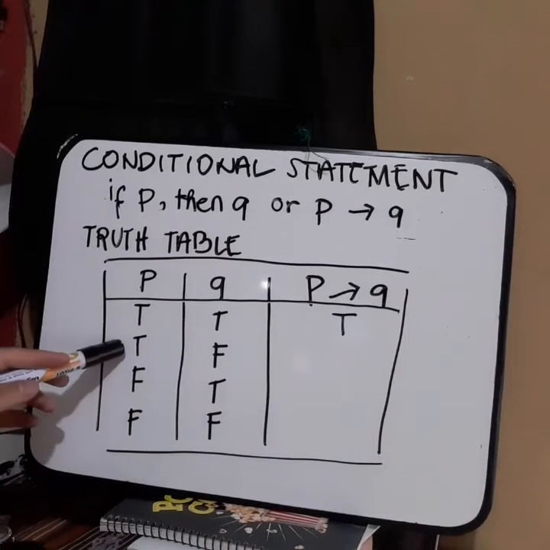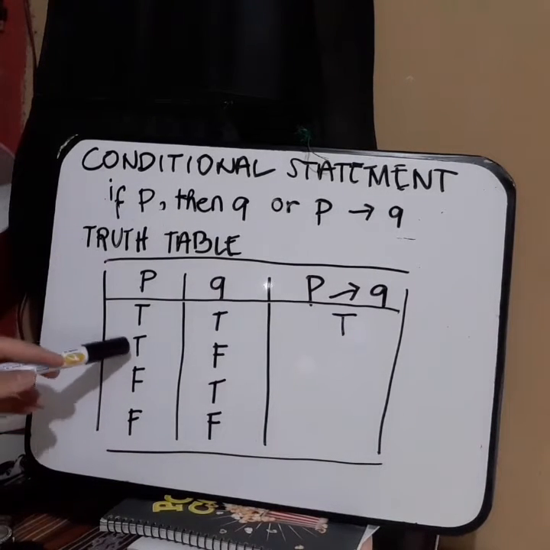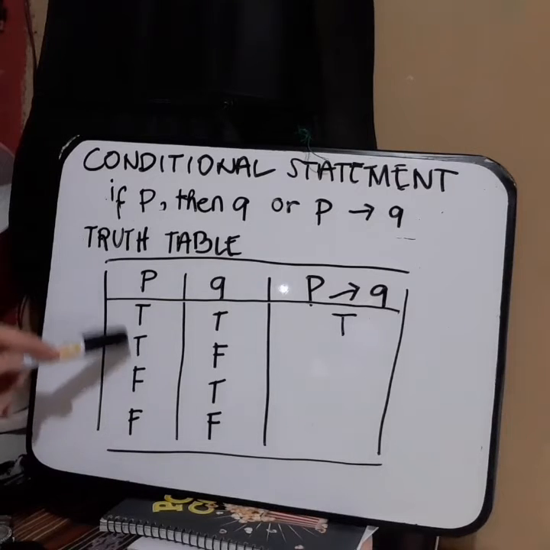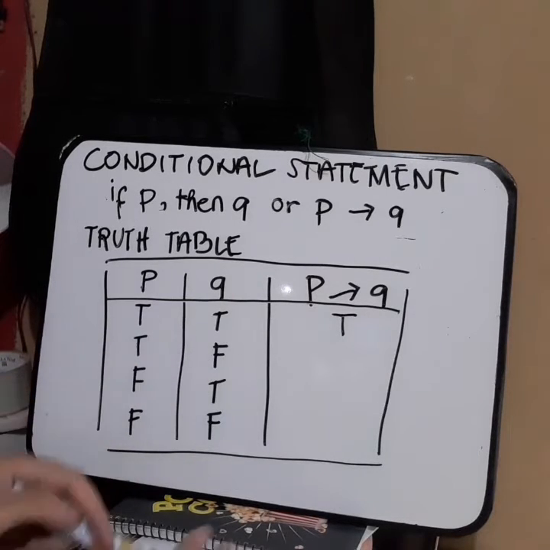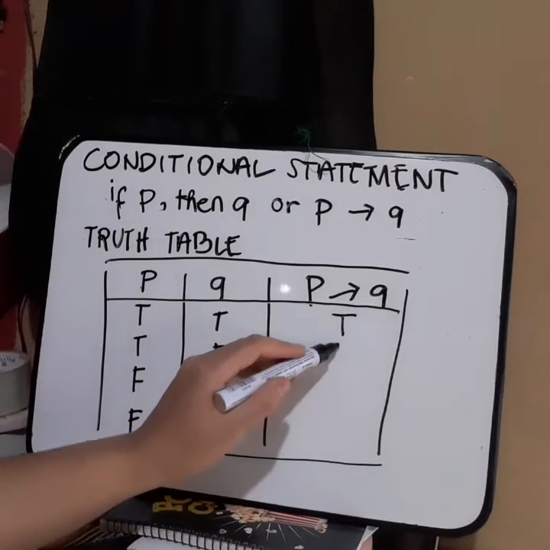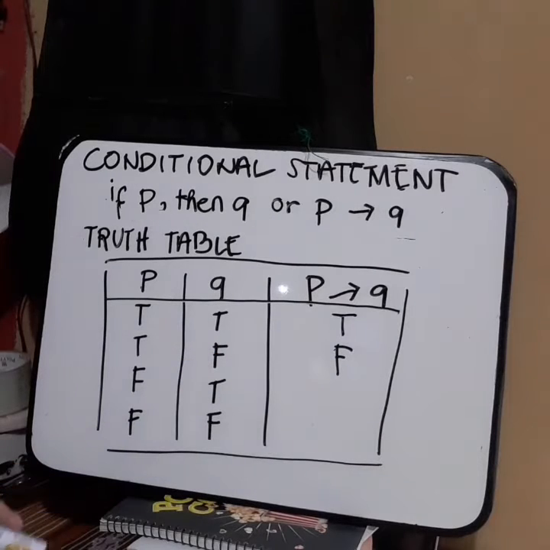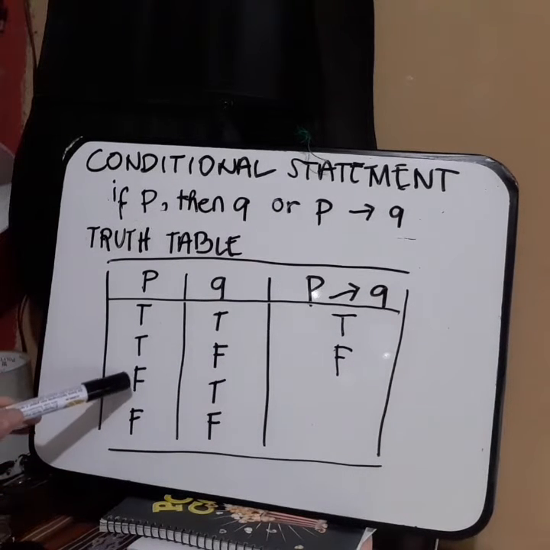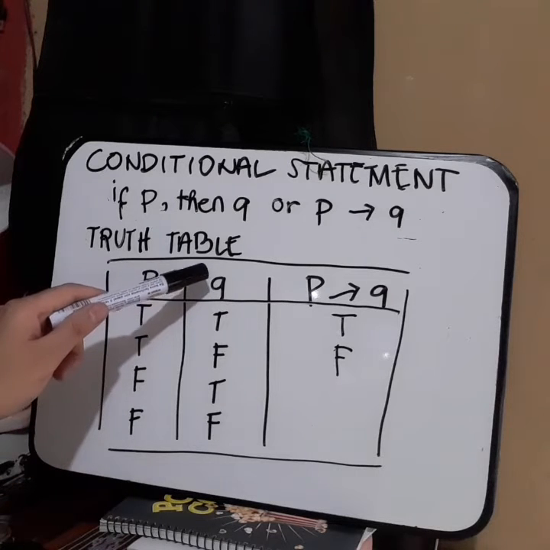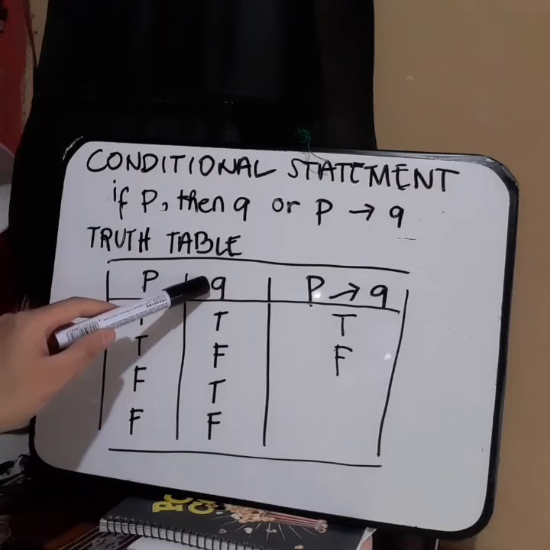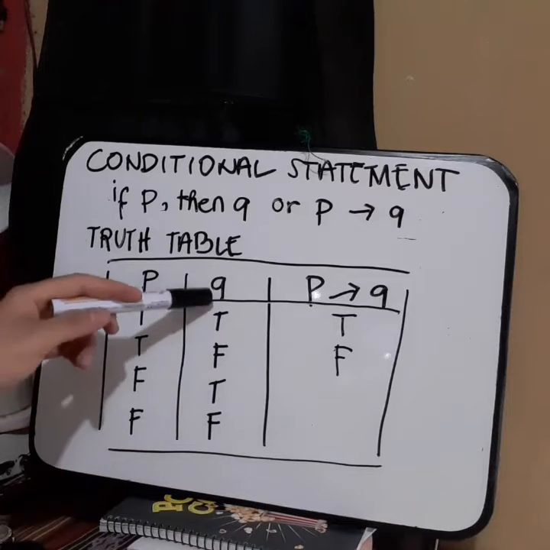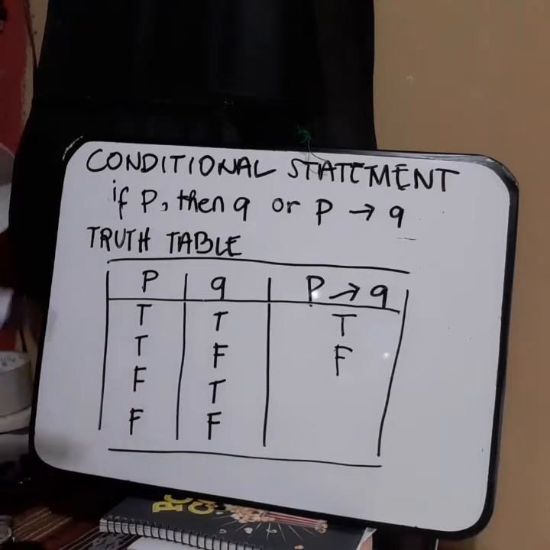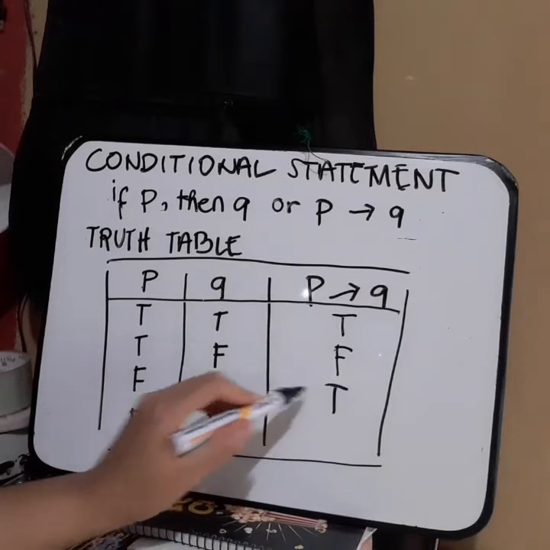For the second row, if the first statement is true and the conclusion is false, then the answer will be false. For the third one, if the first statement is false and the Q statement is true, the answer will be true.